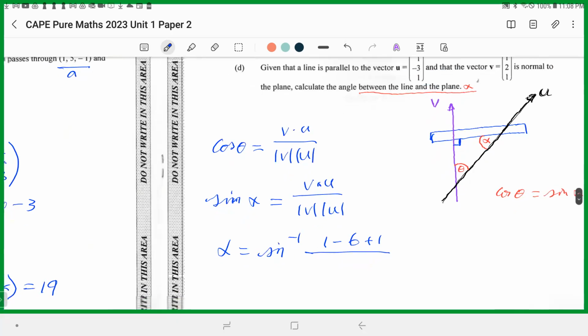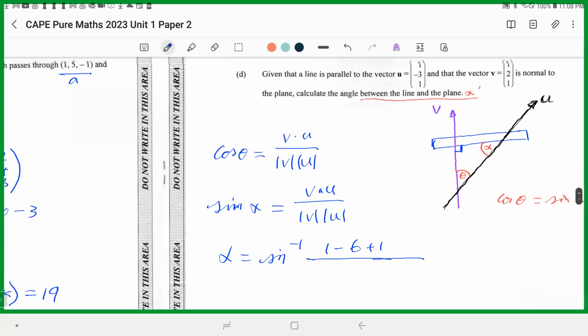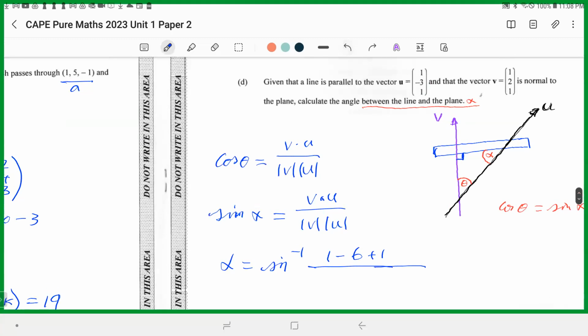Over the modulus product. This one first becomes the square root of 1 squared plus 3 squared plus 1 squared. That's the one we just did. I put v dot u, I'm just changing them around. It doesn't really matter, it's just that I'm doing the u first. So I'm going to write u dot v over the modulus of u and the modulus of v.